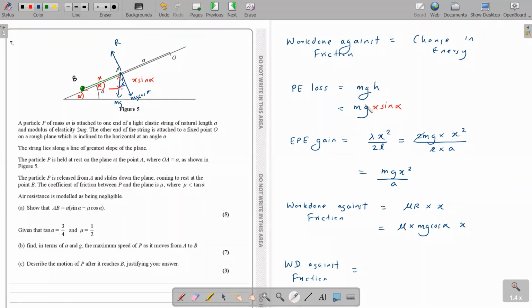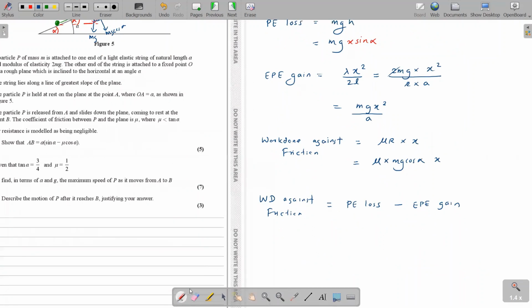You start at a higher point and end at a lower point, so the potential energy loss is the initial minus the final energy. The final energy is the energy at B. At this point you have reached the lowest point in your motion and the string is fully stretched, thereby you have the elastic potential energy, the EPE gain.